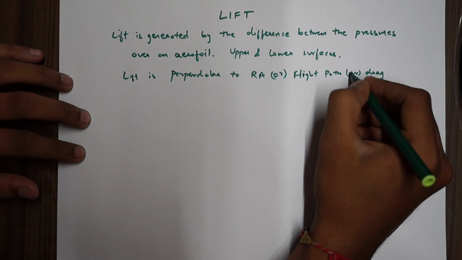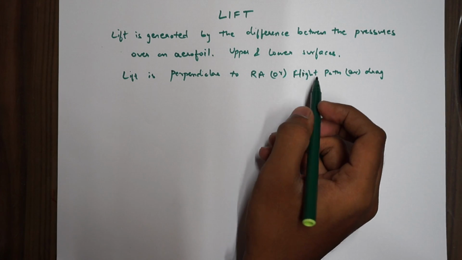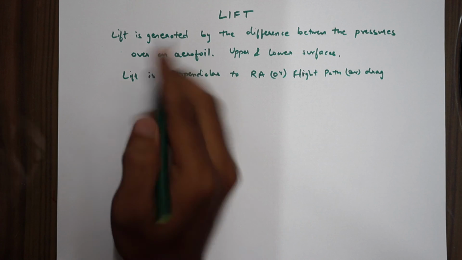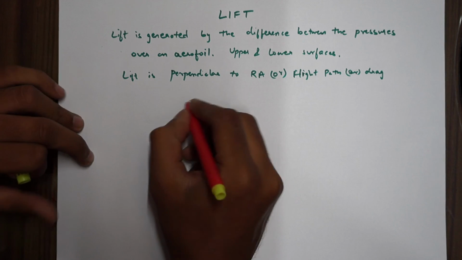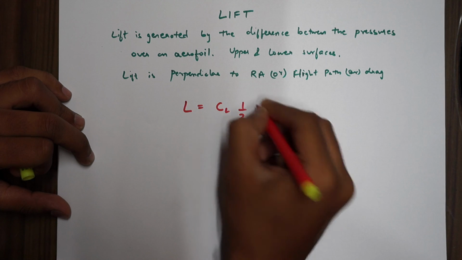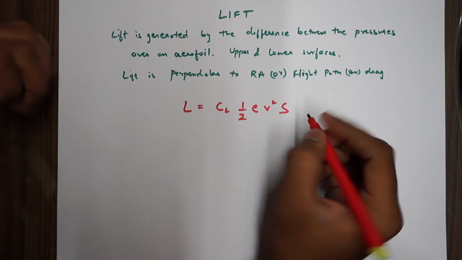Okay, so the most appropriate is relative airflow, and then you may have options like flight path or drag. Okay, and it is governed by this equation, that is L equal to CL half rho V square S.